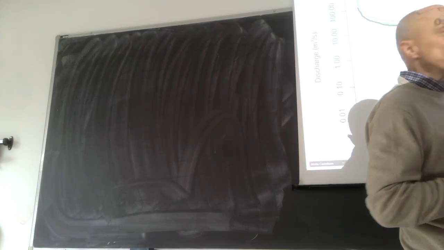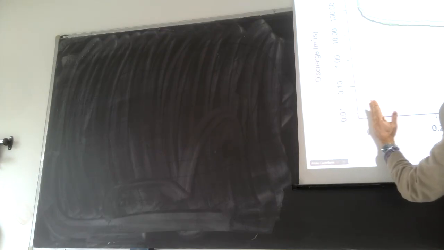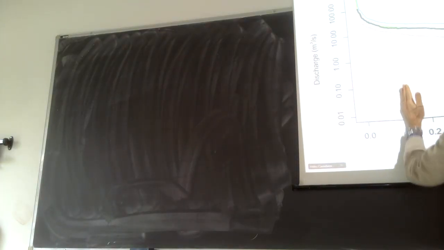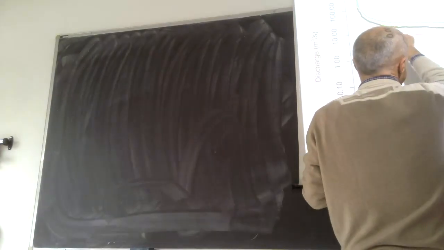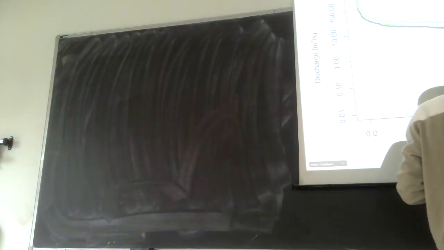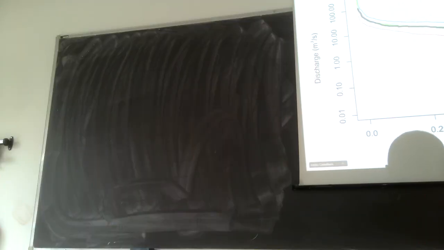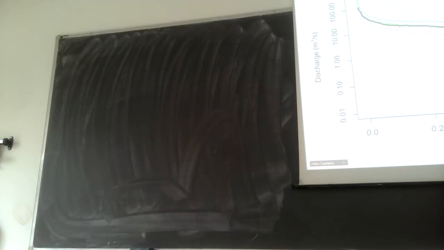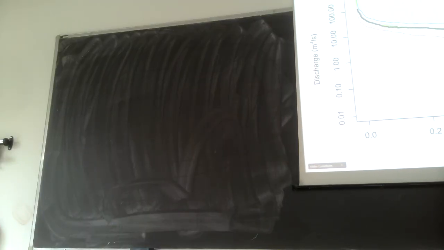Now, the tails, for a period of record flow duration curves, are controlled by anomalous years, okay? So the period of record goes down quite dramatically because of the presence in the data set of very dry years. This drop is not something you get every year. For regular years, this catchment has a perennial behavior.